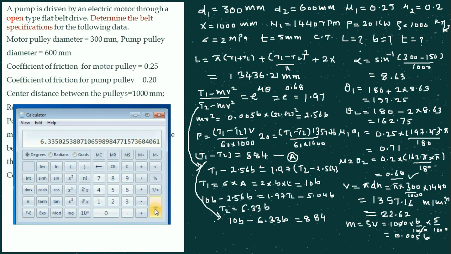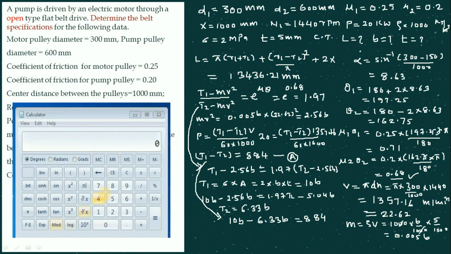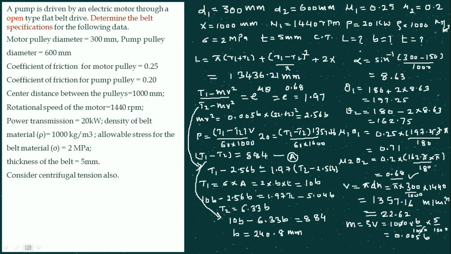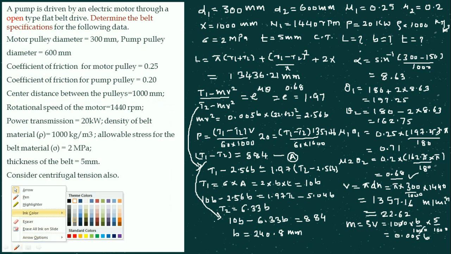So now you can calculate this one. 884 divided by 10 minus 6.33, which is 3.67 B. So what we got is the value of B, that is B is equal to 240.8 mm.